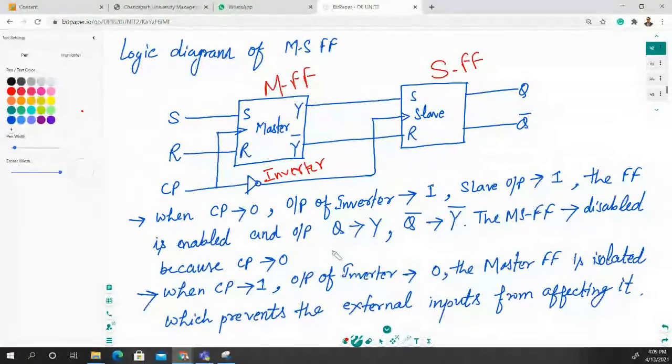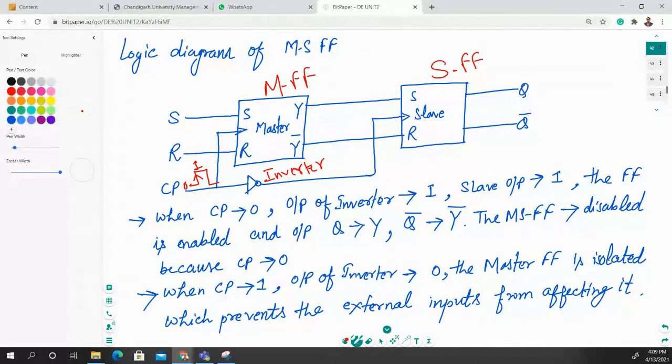As you can see, S and R are the two inputs, and this clock pulse is provided to the master, which will give you the output as Y and Y bar. When this particular signal is applied, is it positive going or negative going?